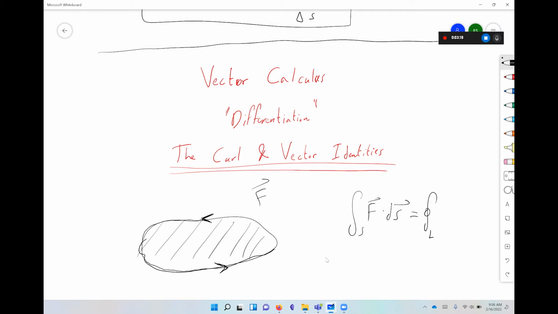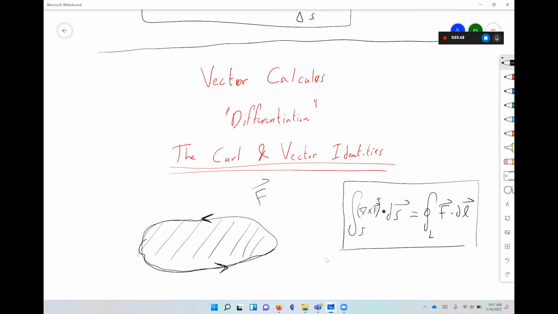So how did I do that? Let me do it this way. The boundary integral, which is the closed integral of F.dl, is tied to the surface integral. And what we integrate here is something that we can get from F, through some sort of operator. That operator is the curl F. Okay, and that's it.